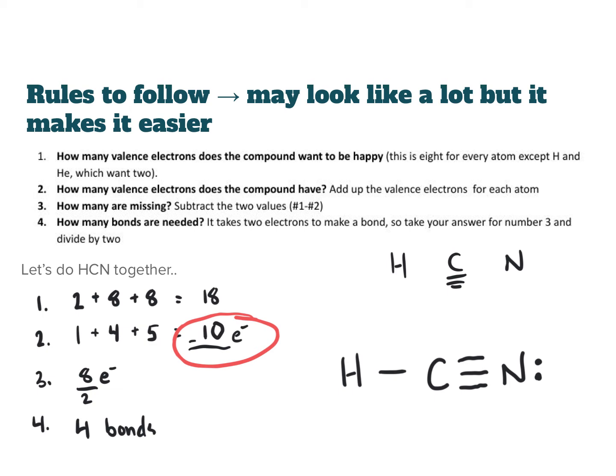I should have 2 valence electrons for hydrogen, 8 for carbon, 8 for nitrogen, but through bonding, it should only equal 10 electrons. Let's see. I got 2, 4, 6, 8, 9, and 10. What do you know? This was a correct answer after all. So that's how that's done.